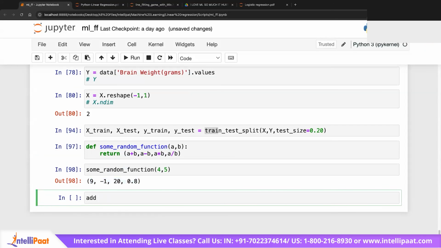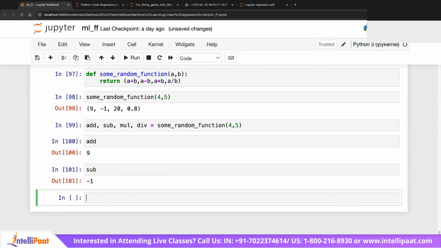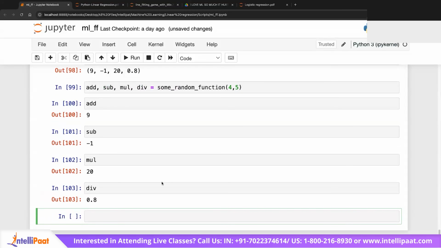Addition is this, subtraction is this, multiplication is this, and division is this, equal to some random function, and I will pass the values 4, 5. If I write the addition, 4 plus 5 is how much? 9. Subtraction, how much? -1. Multiplication 20 and division in Python. Good, you got what I'm trying to say.